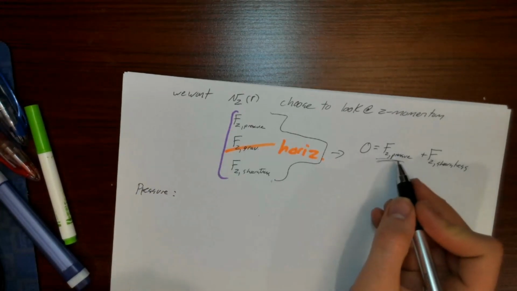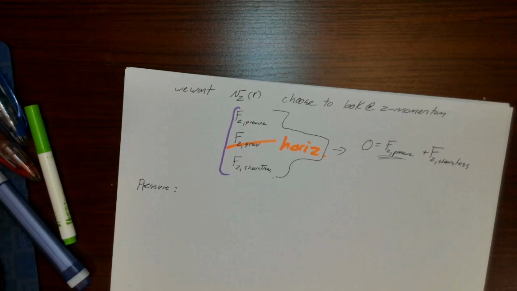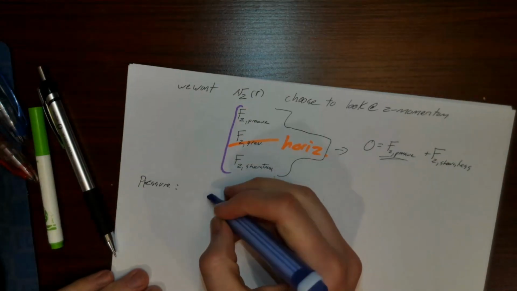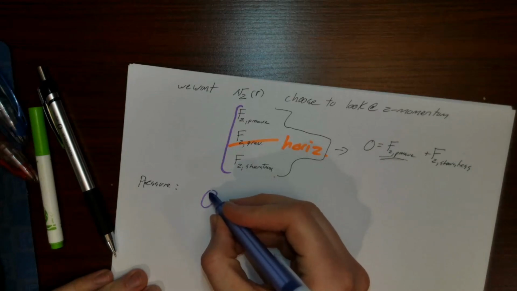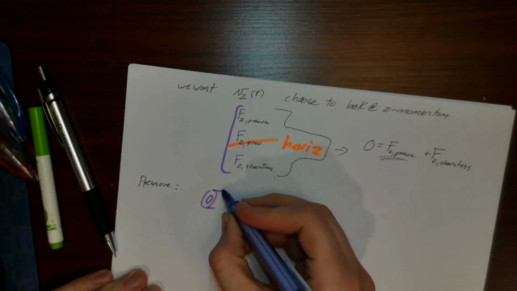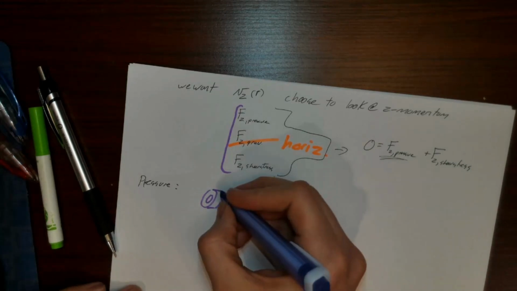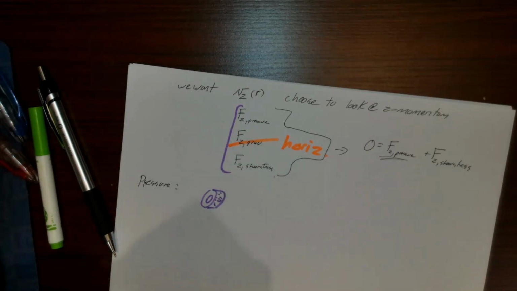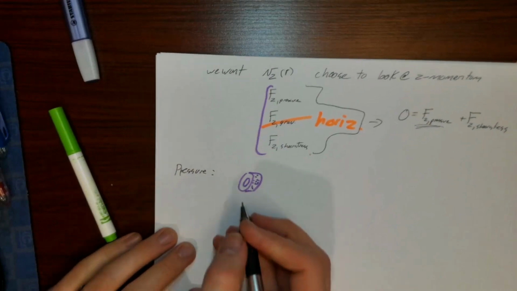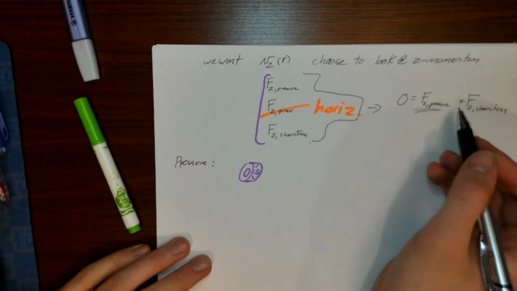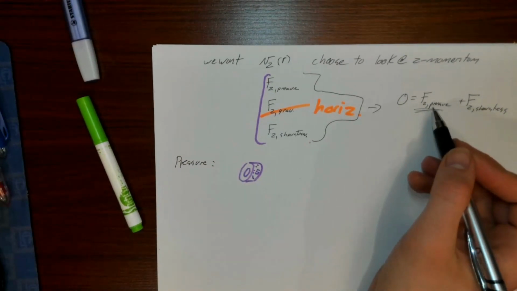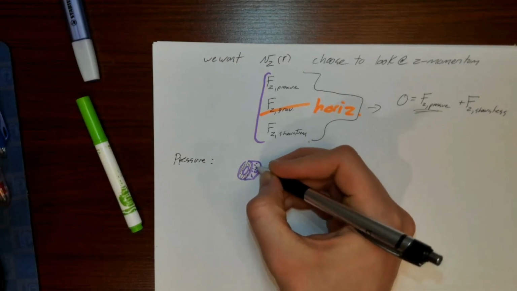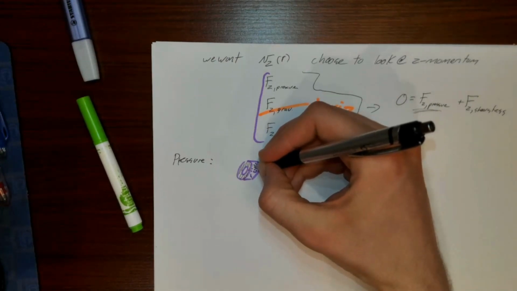I like to think about pressure acting on my control volume right here. So here's my control volume. If I'm worried about forces in the z direction, I'm only really worried about pressure on this upstream face as well as pressure on this downstream face.